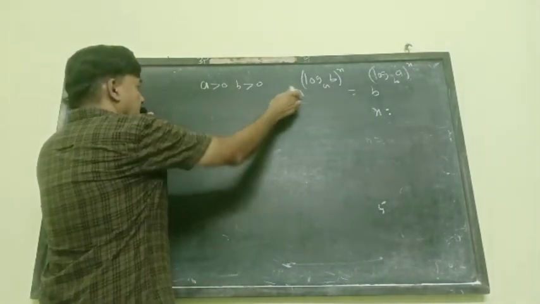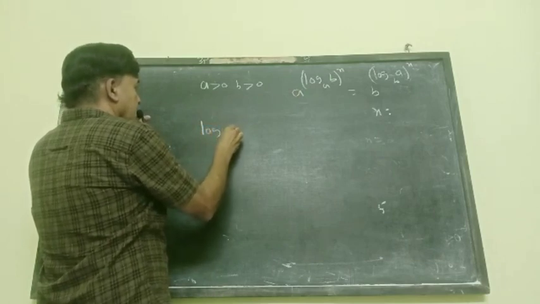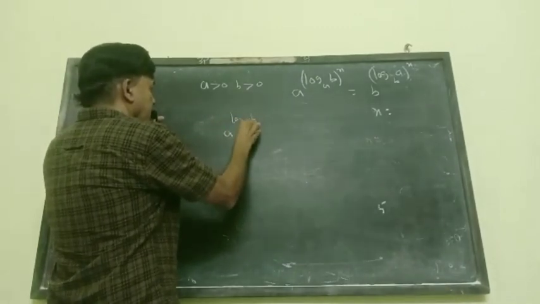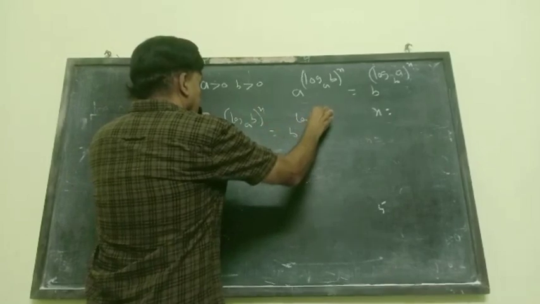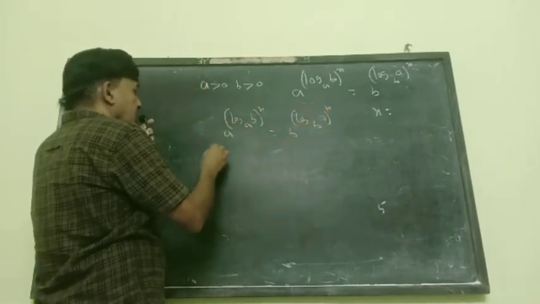Now take this: A to the power of log B to base A whole power x, B to the power of log A to base B whole power x.